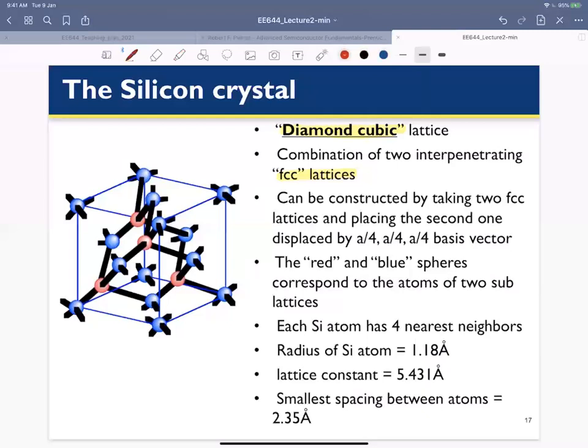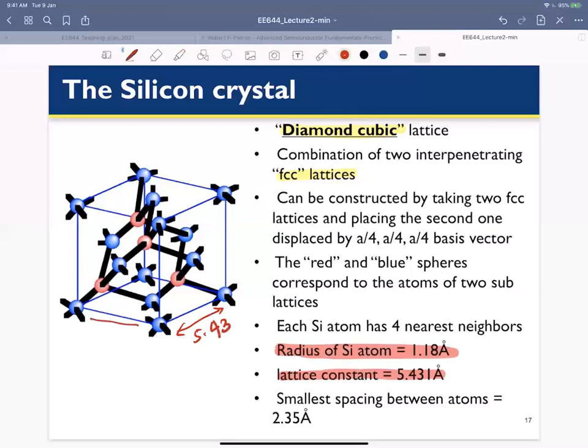So here, another thing is the radius of the silicon atom, which is 1.18 angstrom. The lattice constant is 5.43 angstrom. So lattice constant is this distance, 5.43, from the FCC cell.